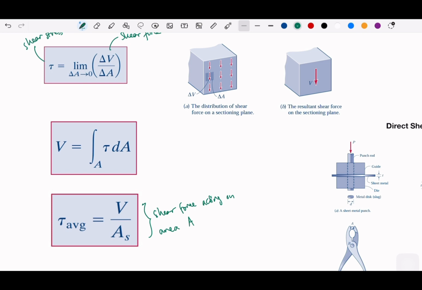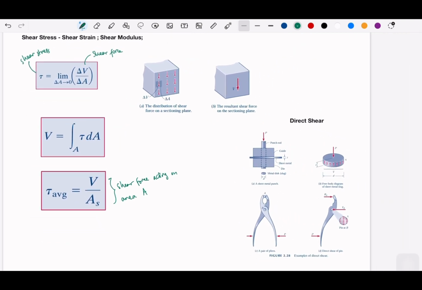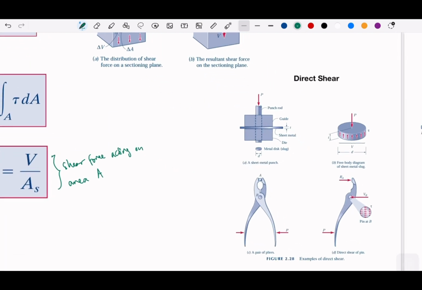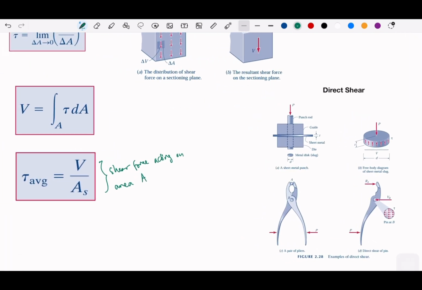practical is what we call the direct shear, which we can see in some appliances in our daily life applications, such as the shear in bolts, pins, rivets, or in welds. So these are some examples of what we call direct shear. For example, here for the pliers, when we put the force here on the pin, we are going to see that each element is going to have some shear.